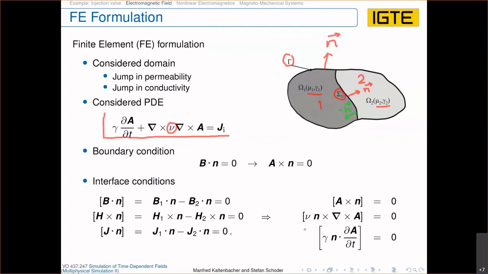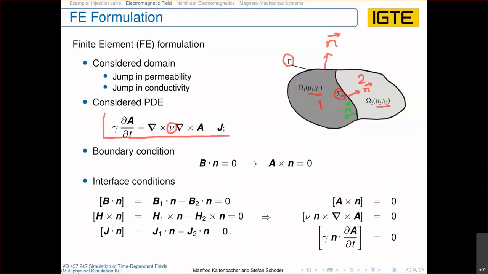Yeah, and this is also a very interesting part. We could have here a conductive body, for example iron or aluminium or whatever, and on the other hand, it could be air, for example. In air, the conductivity is 0. In aluminium, the conductivity is quite high, so you even have a jump from a high value to 0.